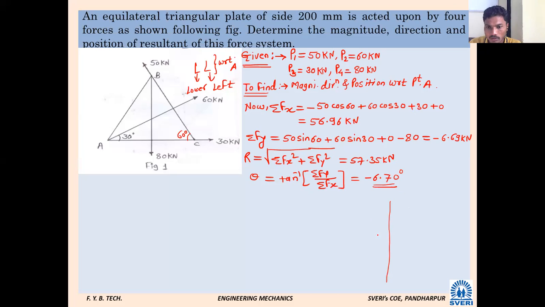So we will locate here. So what will be that? So this is x. How is the angle? Fourth quadrant.